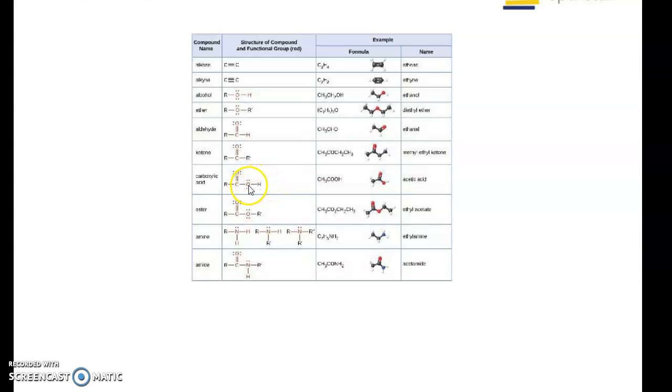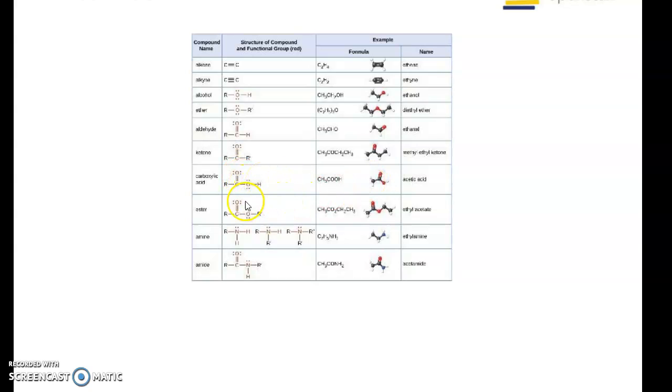This hydrogen-oxygen bond is not at all like this one. This is strictly a covalent bond. This one, to some extent, is ionizable, and that's why this is an acid and can dissociate.